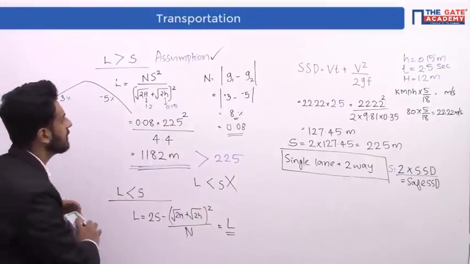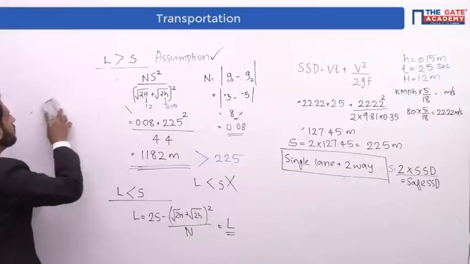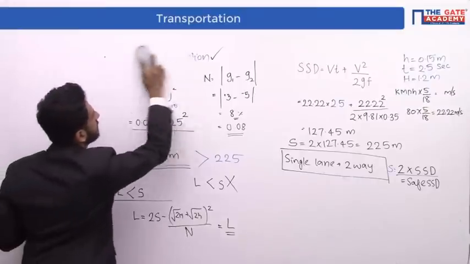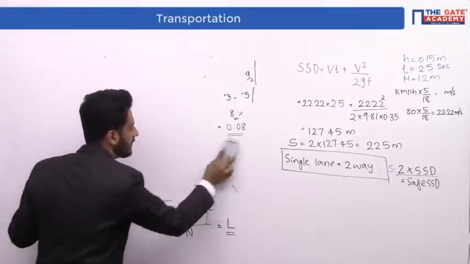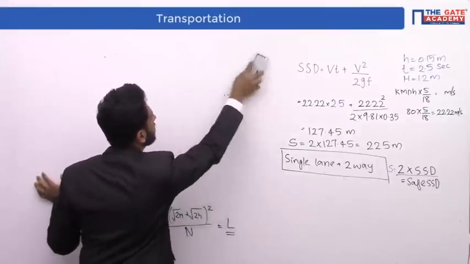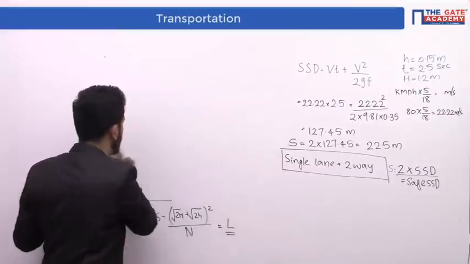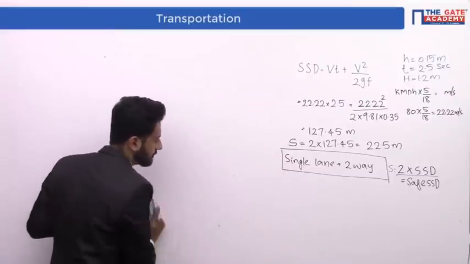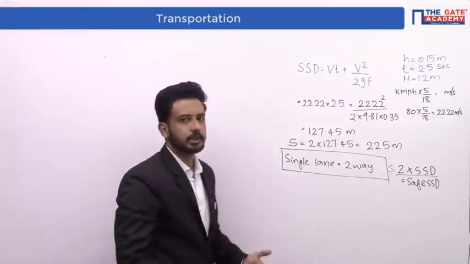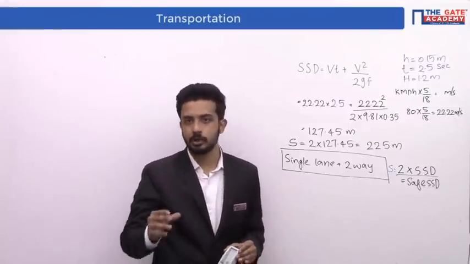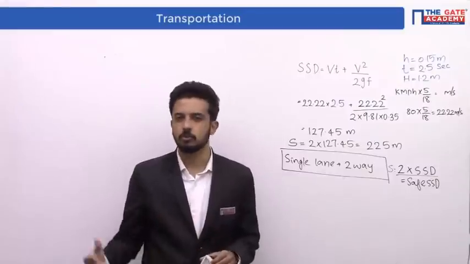First thing, you have to remember the equation for the length of summit curve, and also in the equation, the very important thing, there are two assumptions. Based on the assumption, you have to take the equation, and if the assumption is not given, you have to assume the first one and proceed.